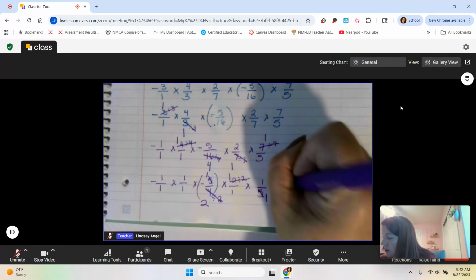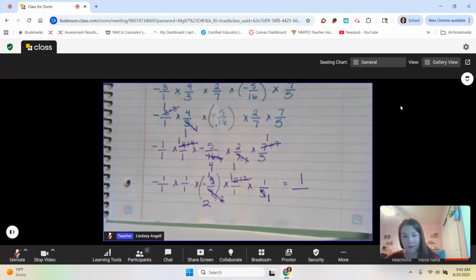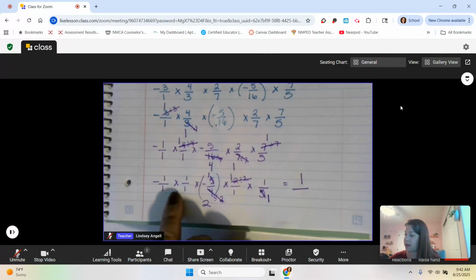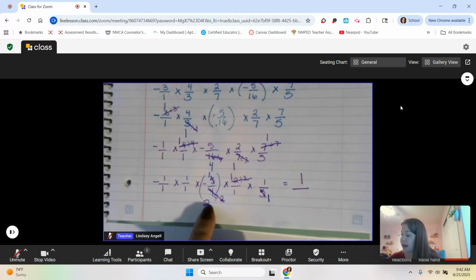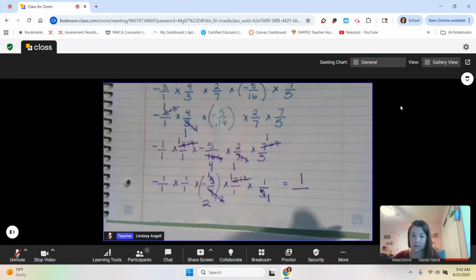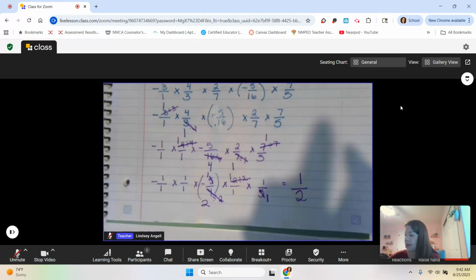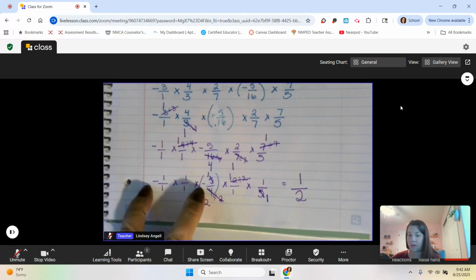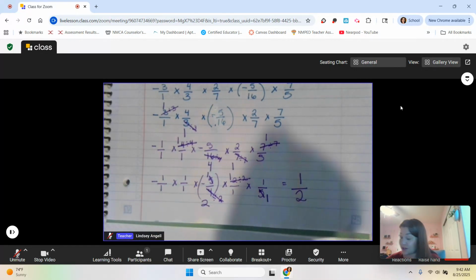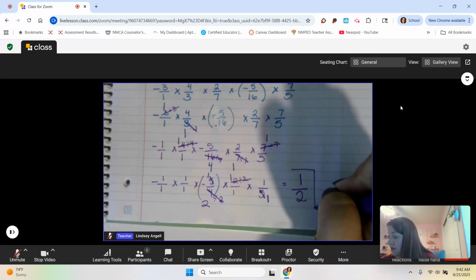Woo! A big old 1. In my denominators, I have 1 times 1 times 2 times 1 times 1. Really that's just 1 times 2, which is 2. And again, because we got rid of our negatives, our final answer is just a half.